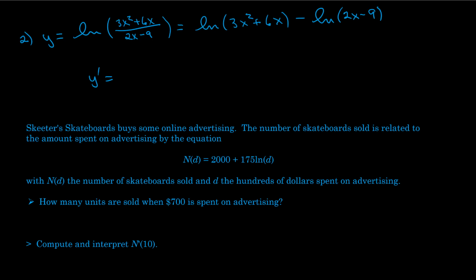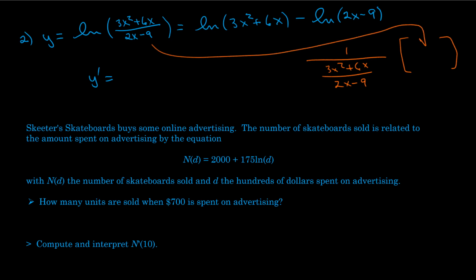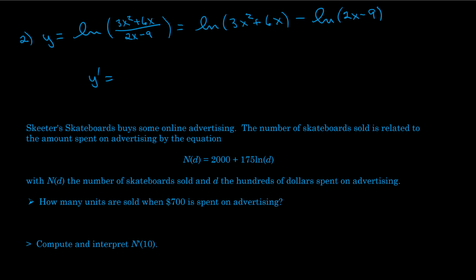Now, you could have done the derivative by first writing this as 1 over whatever's inside, 3x squared plus 6x all over 2x minus 9, times the derivative of this mess, which would require the quotient rule. Oh yeah, this is looking like a lot of fun. You could do it that way and then wade through trying to simplify that. Well, it simplifies considerably if you remember this one property of natural logs.